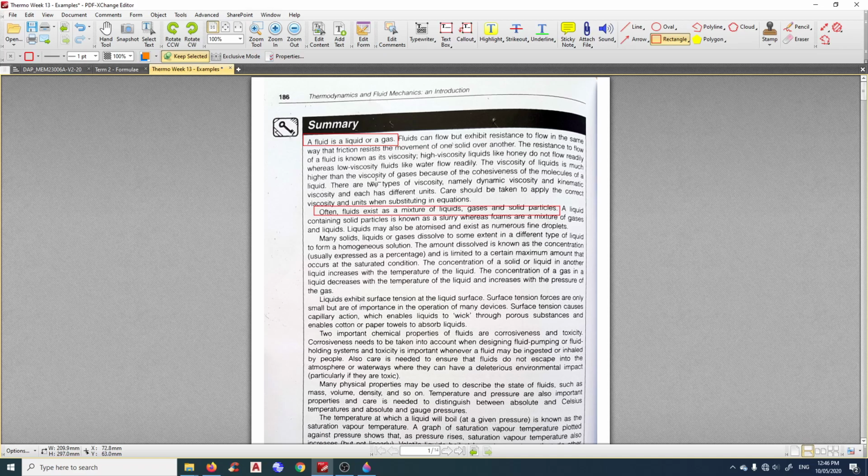A little bit of summary here. I'm not going to go into details. Fluid in thermodynamics can be liquid, it can be gas, and sometimes it's a mix of solid particles as well. But a liquid with solid particles is known as slurry. We're not going to do slurry in this course. When I was at Curtin University, slurry was a subject in itself in year 4.